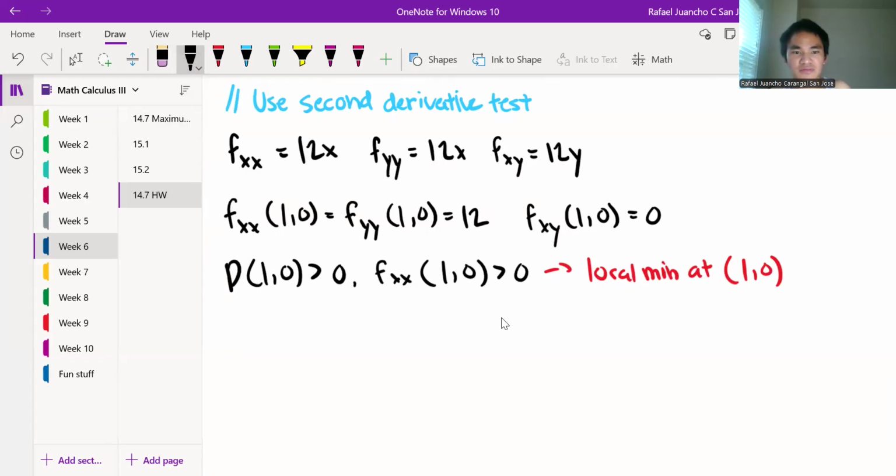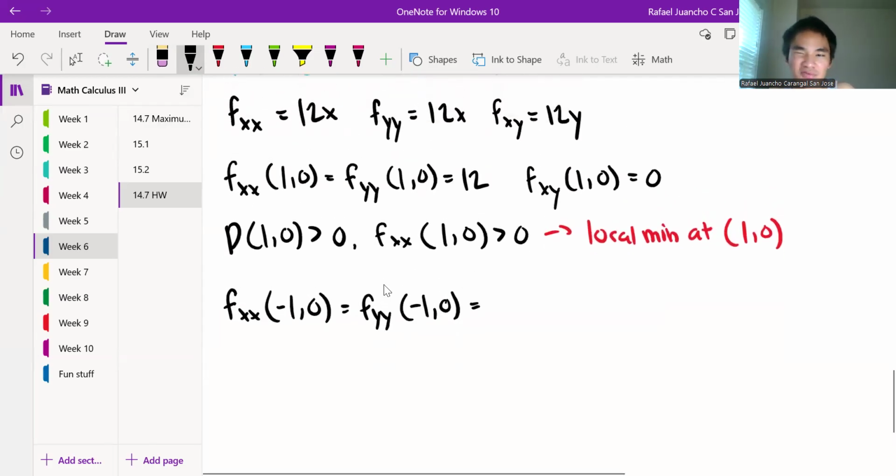Now, if I look at my negative 1, 0, let me plug it in. Actually, negative 1, 0. Okay, a lot of computation here. We get negative 12, right? And then my fxy is again 0.